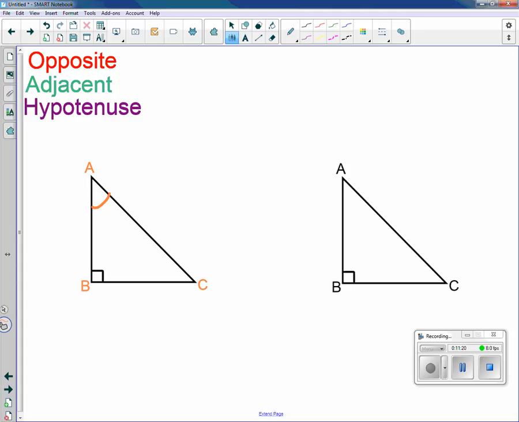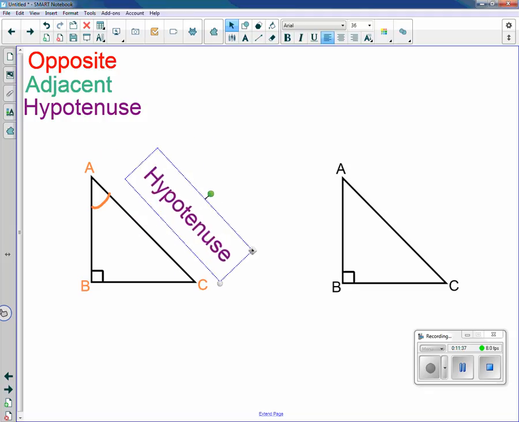Angle A. Okay? Now, where is the hypotenuse? That is the easiest one to figure out. Where is your hypotenuse? AC. Good. So my hypotenuse is at AC.